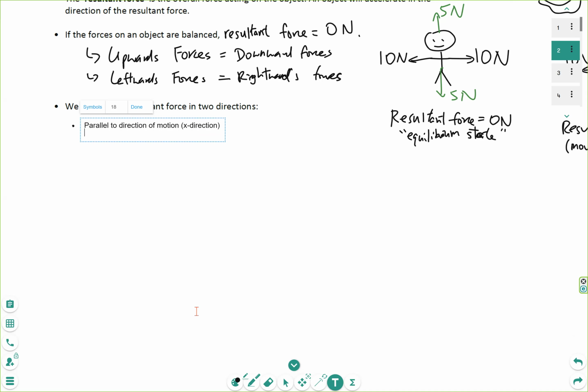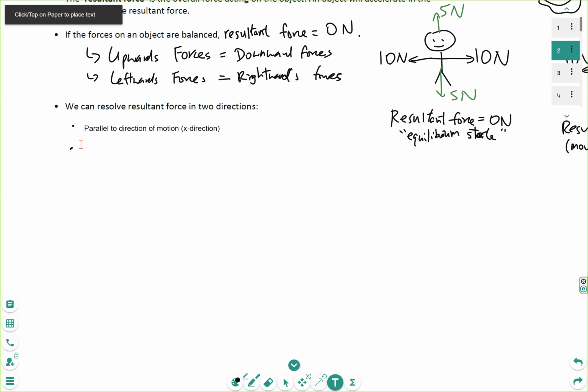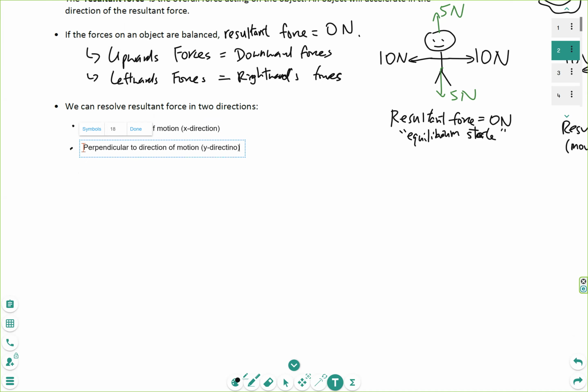Another one is perpendicular to direction of motion, or we can call it y direction. Okay, so let's have a look into what we mean by that.